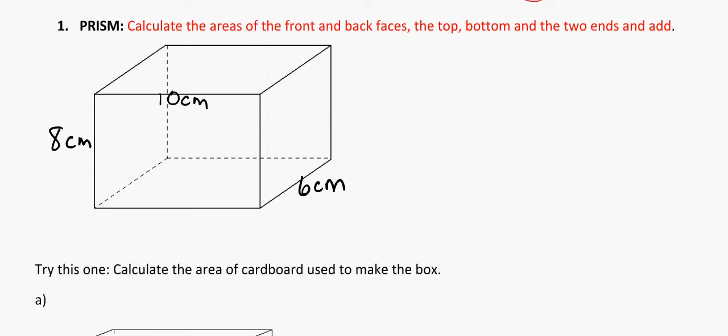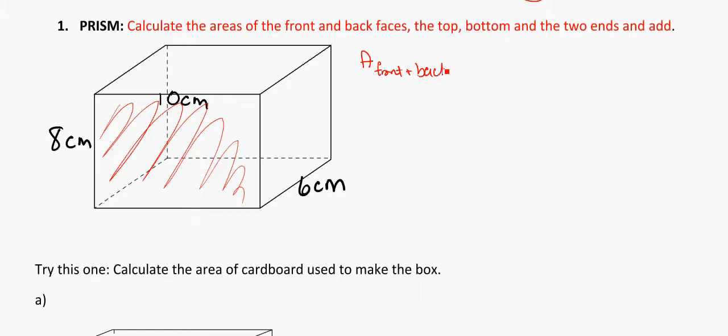Okay, we'll start with a prism, and it's like a shoebox. Calculate the areas of the front and back faces. So here you've got to find the area of each face and then add them together. So when you're setting it out, put area of front and back equals, always state what you're doing.